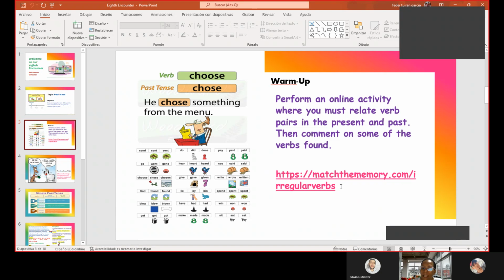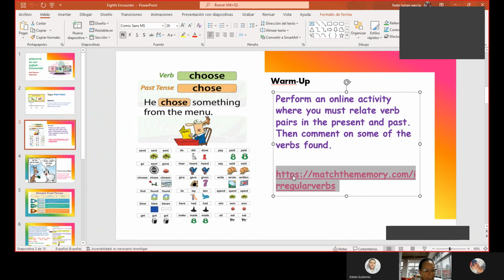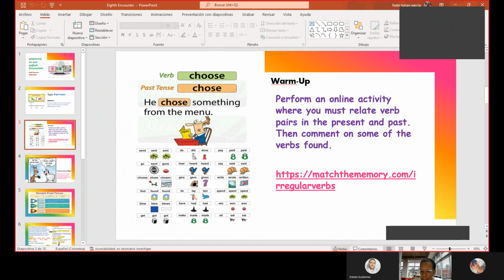To start the class, we are going to do this interactive activity. I'm going to share the link with you as always here in the chat, and I'm going to share it on my screen too, because you need to solve this activity yourself. You can copy and paste the link, or click there.